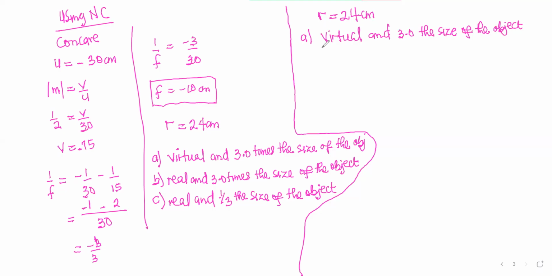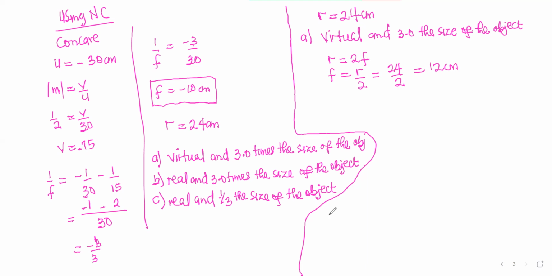Okay, so once R is 24, F will be equal to R over 2, since R is 2 times F. This is 24 over 2, 12 centimeters. So that's the focal length.